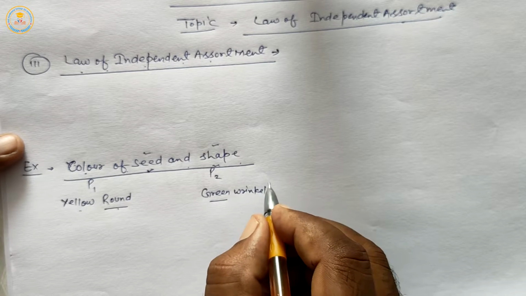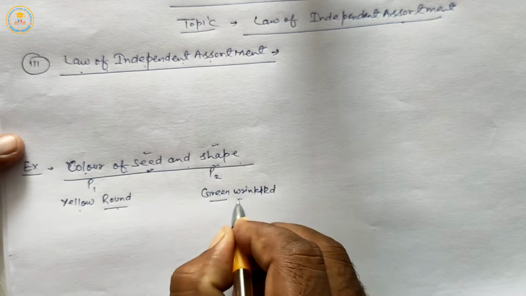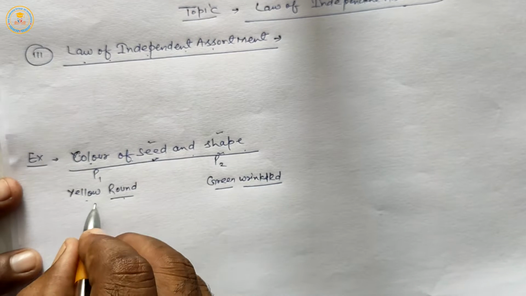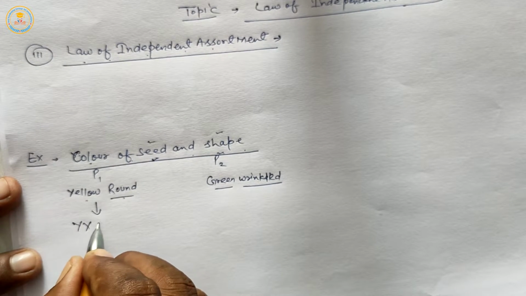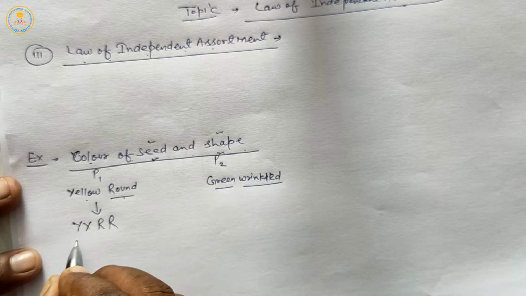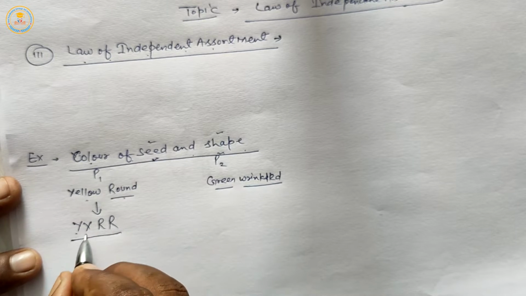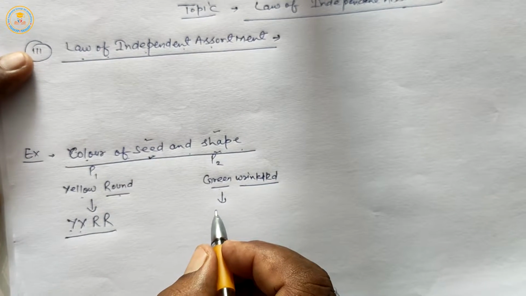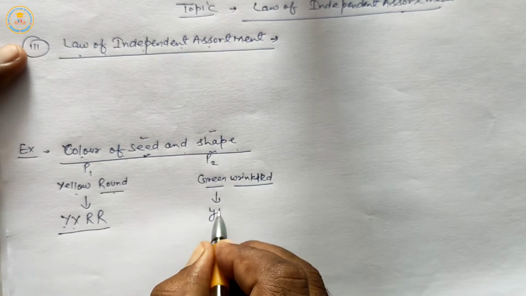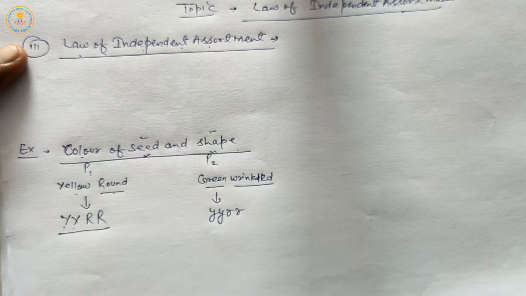Yellow round is capital Y, capital R, and green wrinkled is small y, small r.